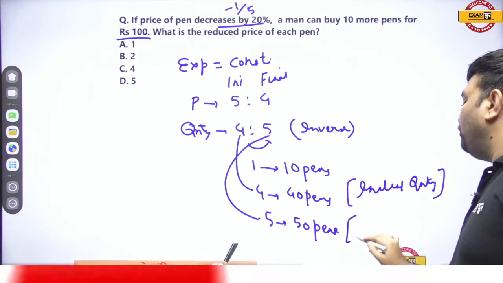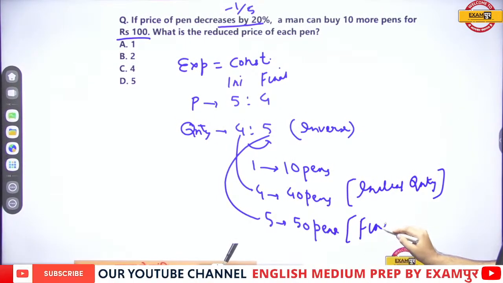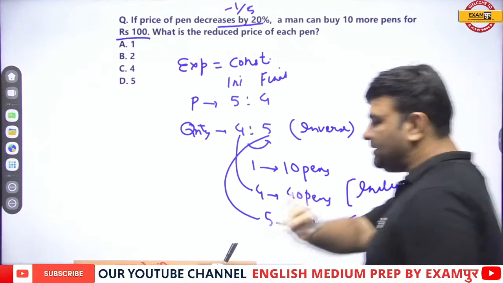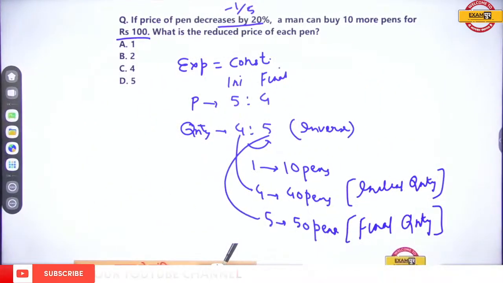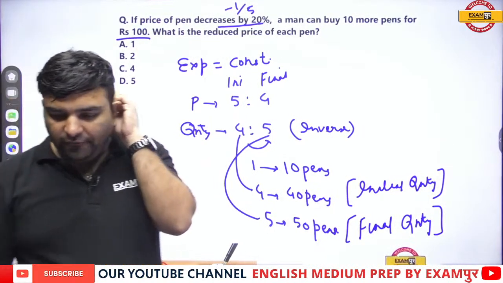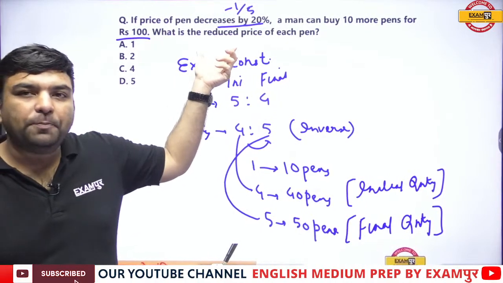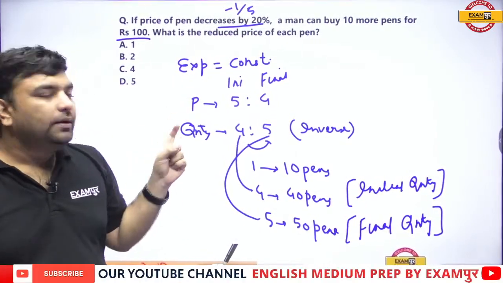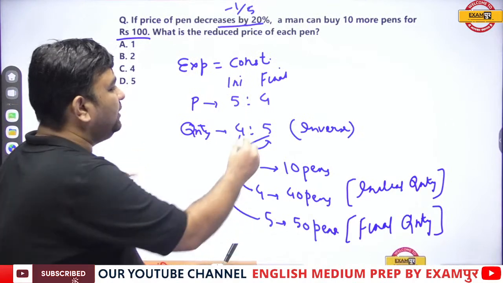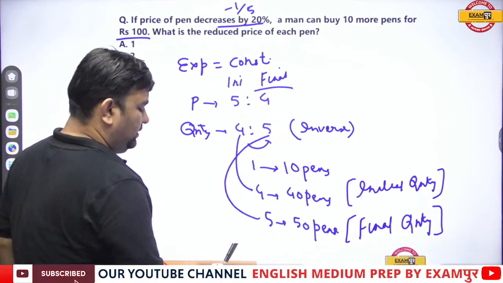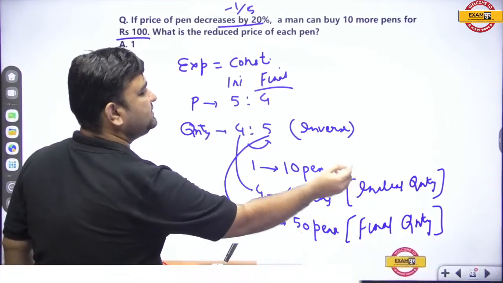After this, the problem comes. Reduced price of each pen. Reduced price means final price.